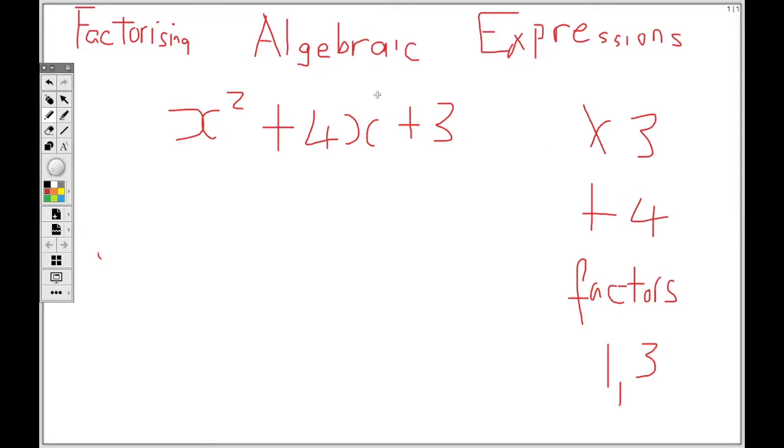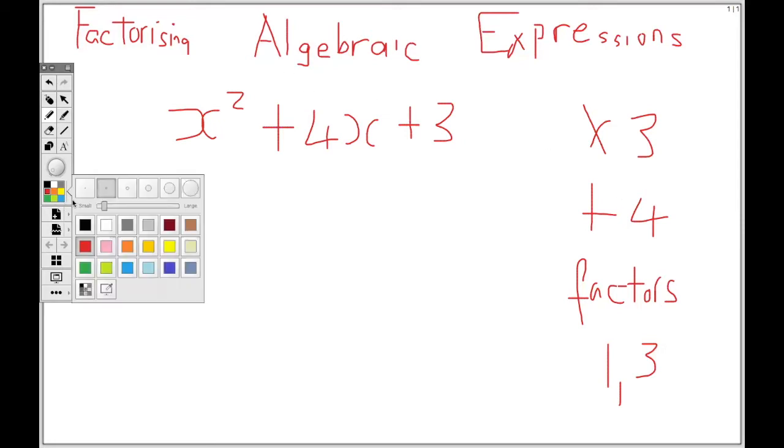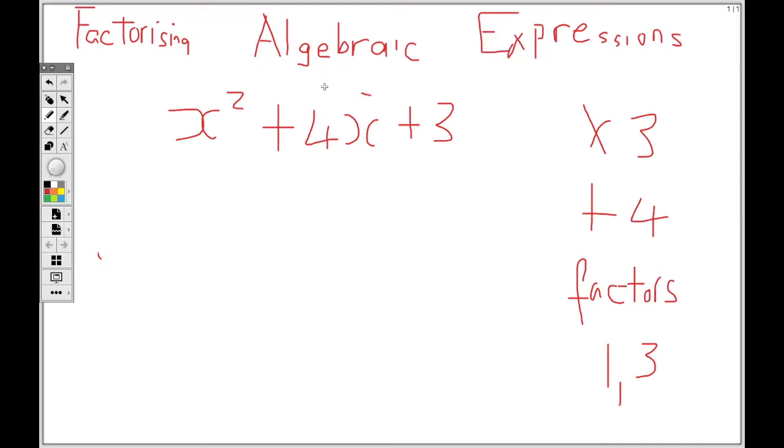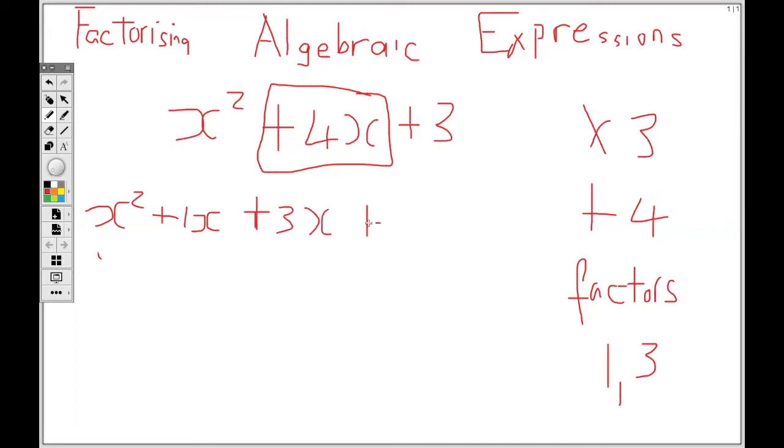Now, when you have the factors, you will be replacing the center with the factors. So rewriting this expression, I have x squared, and rewriting the center, I now have 1x, which is the same thing as x, plus 3x plus 3. Now grouping these, so I have my two brackets.